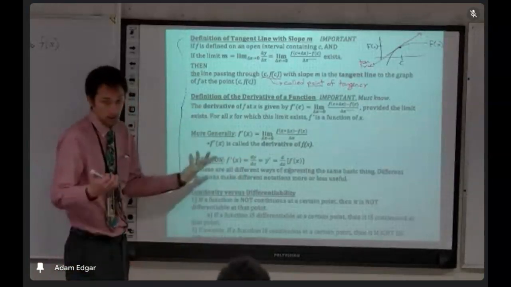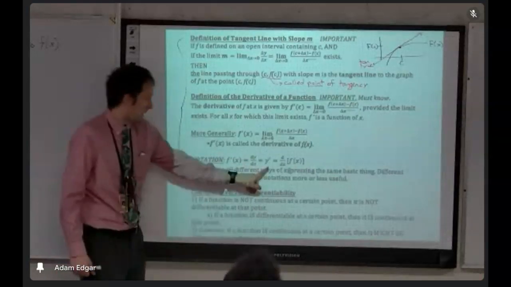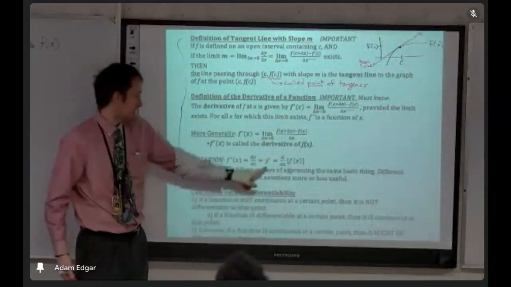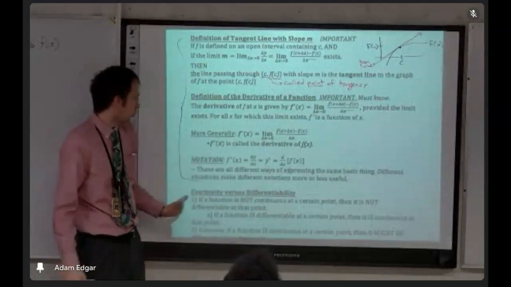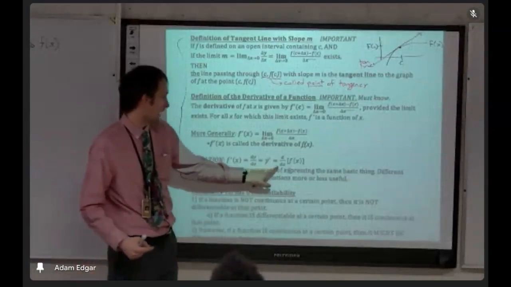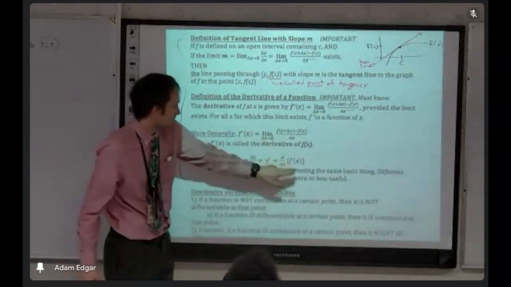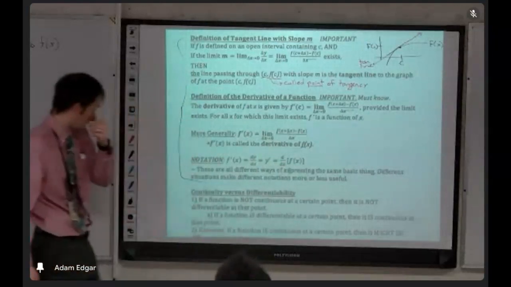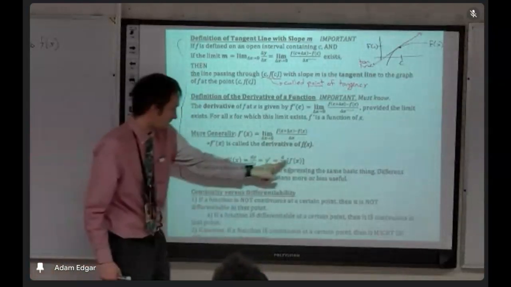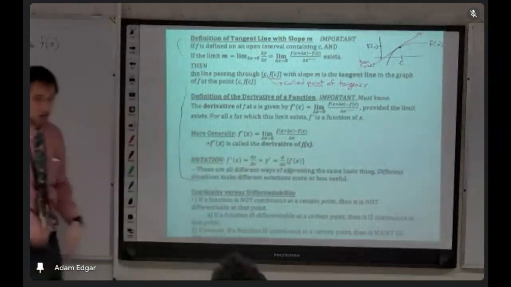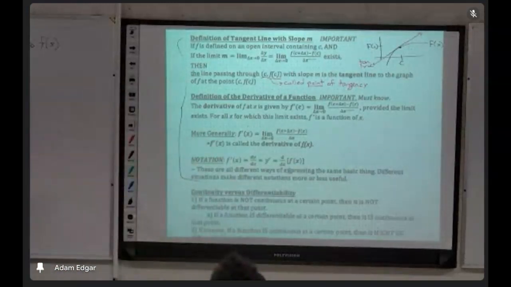I don't know why we call it that. Instead of f, if we're just dealing with y equals an equation, then the derivative is y prime. Or if you want to indicate I'm taking the derivative of a function, d dx of f of x means the derivative of some function f. So all of these are pretty much the same idea. They're all saying you're dealing with a derivative of something.